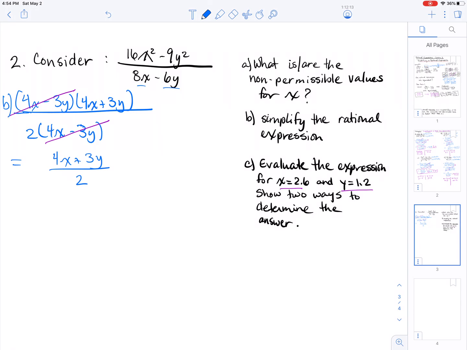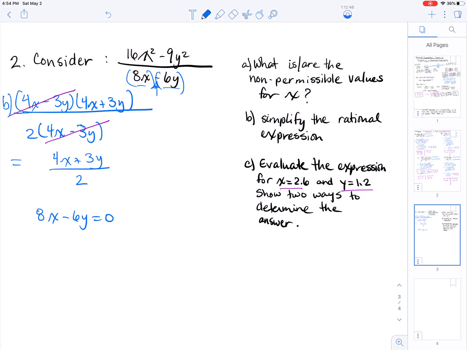Now, is there anything that will make my denominator a non-permissible value? Well, it will, but instead of just isolating like I did with multiplication, I can't isolate out each individual one as a factor because they come as a pair, because there's the negative sign in between. So I'm going to take the whole thing, 8x minus 6y, and set it to 0.